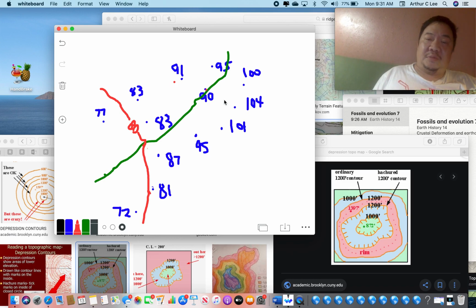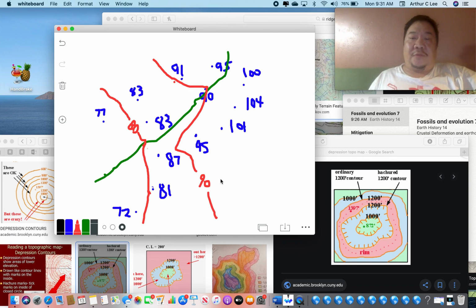That gives us a nice point. It won't fall between here, but that's 95 and 101. 90 would fall right about here, right? 81 and 95, 90 would fall right about here. So we can go ahead and try and make nice smooth points. Make sure it points upstream. And this is our 90-foot line.